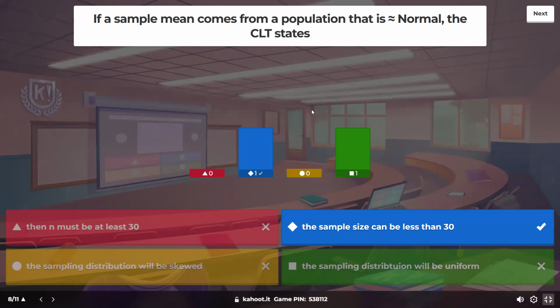Yeah, so the point behind this, it has to be either approximately normal or the sample size has to be bigger than 30. So if it's already approximately normal, sample size can be anything. So if it satisfies one, it doesn't have to satisfy the other.